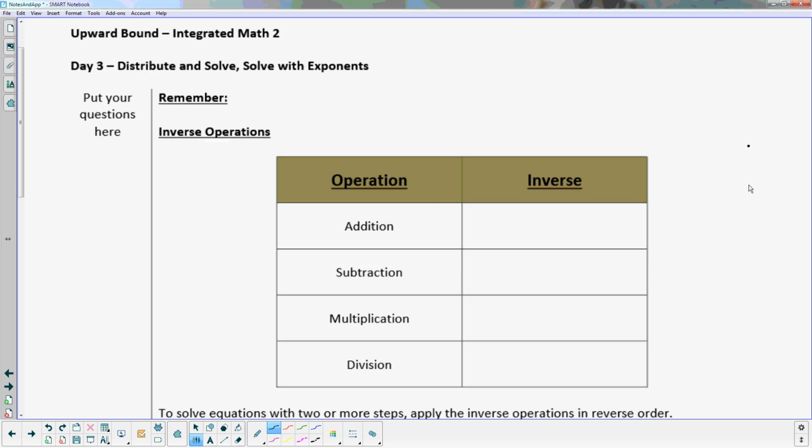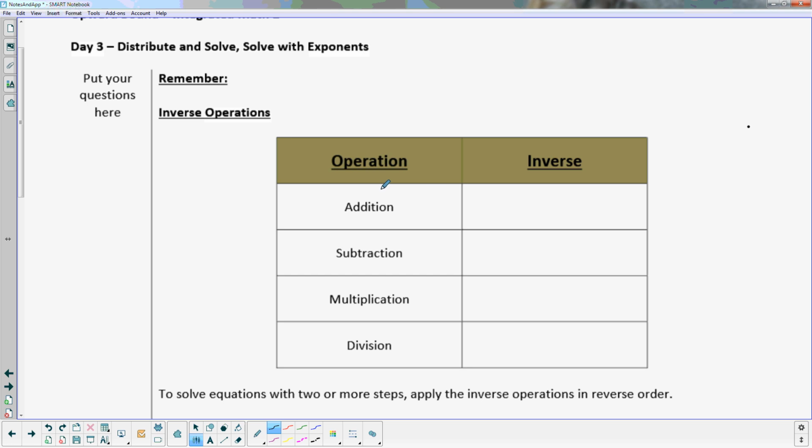Just as a quick review, talking about inverse operations: if I have addition, subtraction would be its inverse. For subtraction, obviously addition.